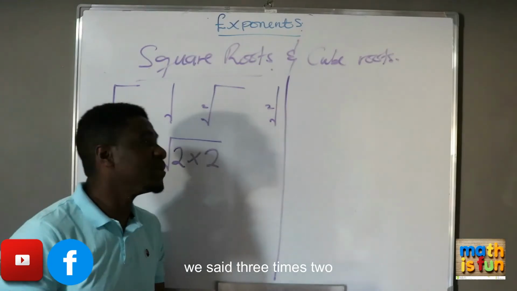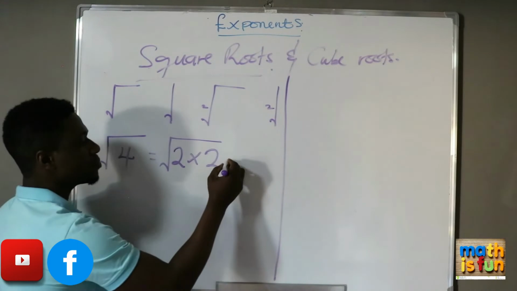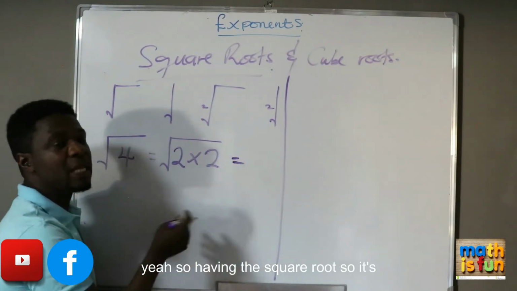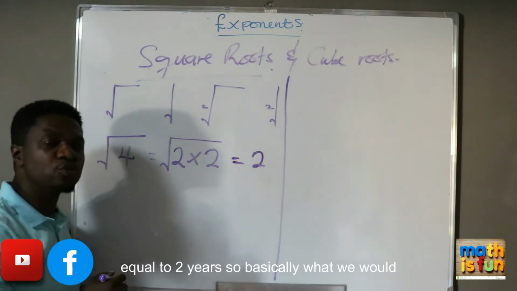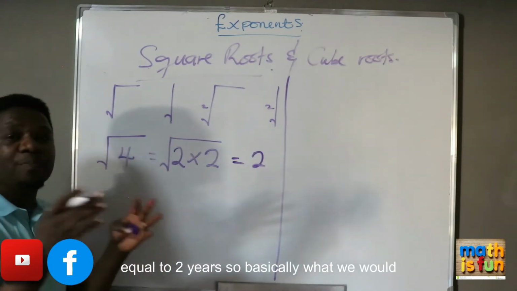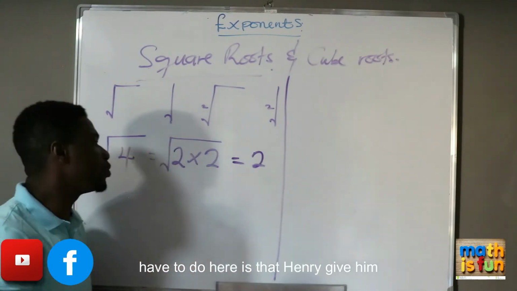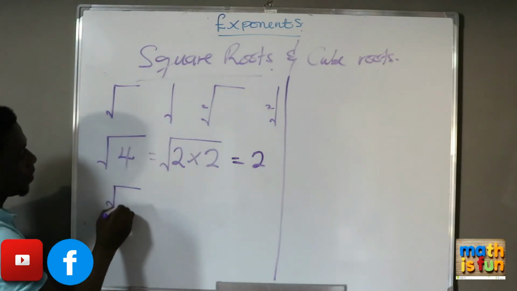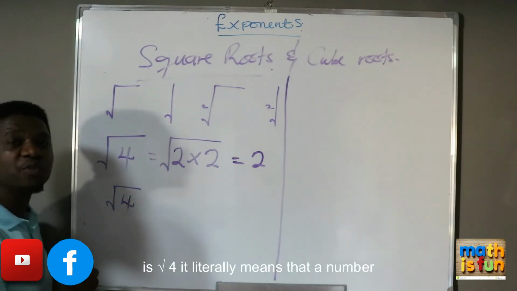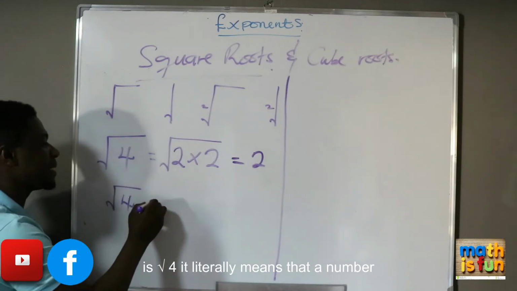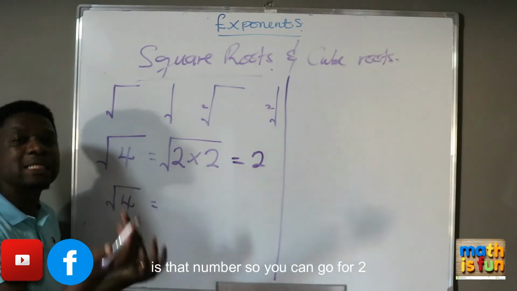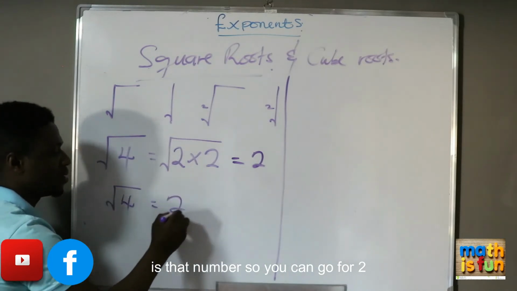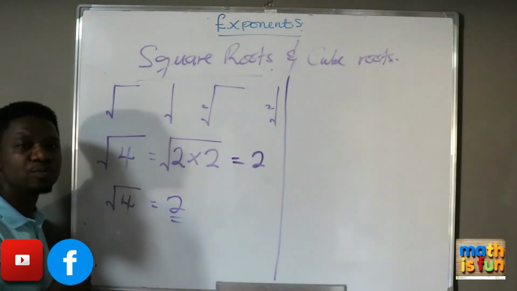We say that, as we know, 2 times 2 here, still having the square root, is equal to 2. So basically when we are given the square root of 4, it literally means that a number multiplied itself for us to get 4. What is that number? So you can go for 2.